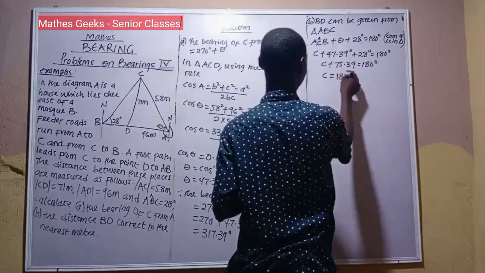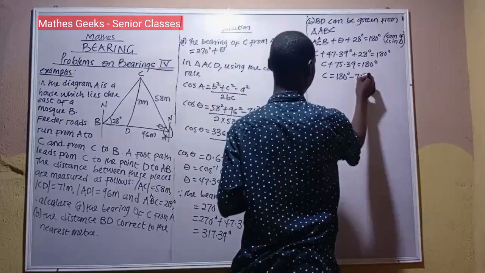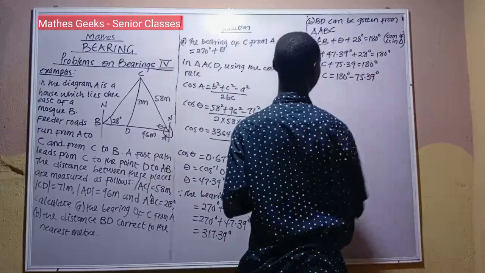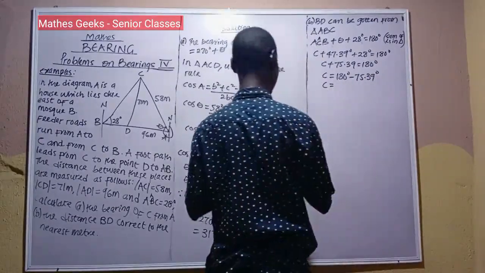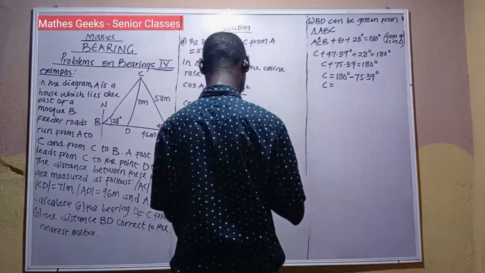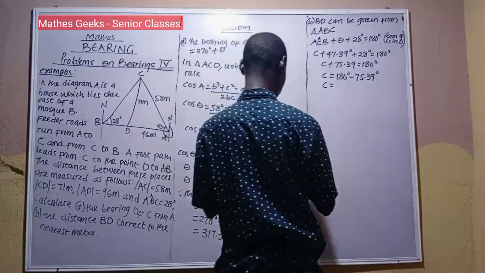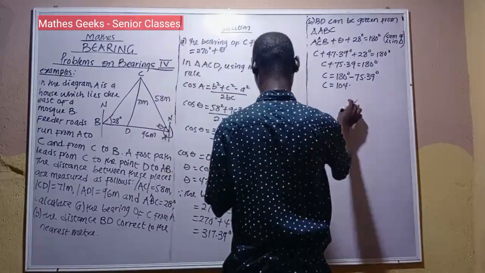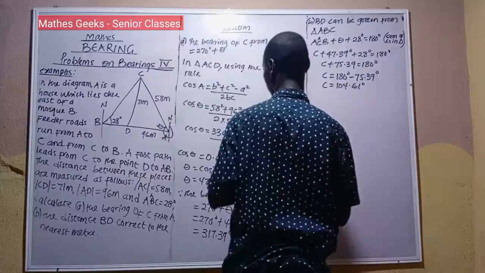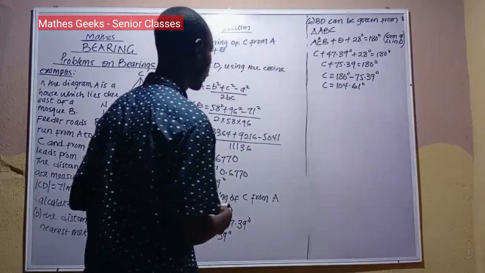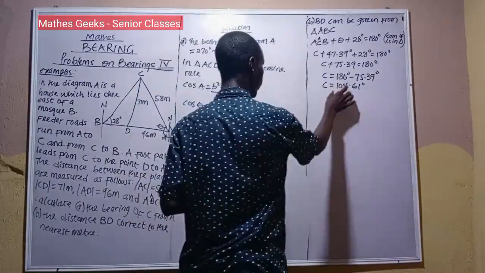So angle C is equal to 180 degrees minus 75.09 degrees. Angle C is 104.61 degrees.